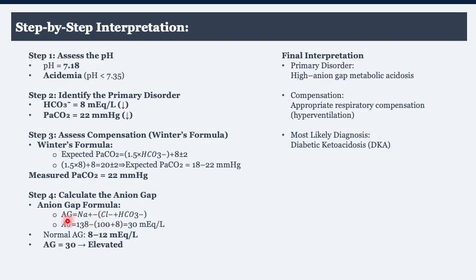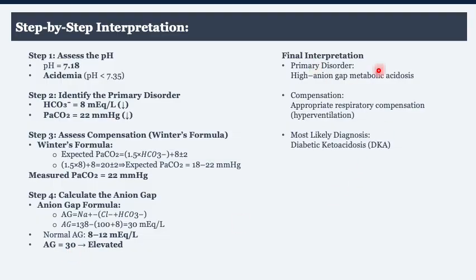So you would plug in the anion gap formula, which is anion gap equals sodium minus the chloride plus the bicarbonate. And when we plug those numbers in, we get 30. Remember, a normal anion gap is 8 to 12. So this is really, really high.